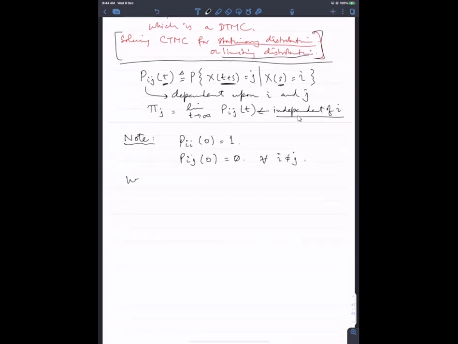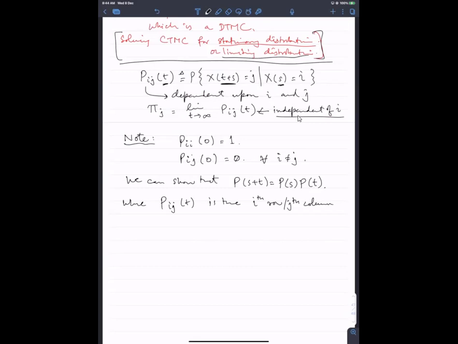We can show that P of s plus t is equal to P of s P of t, where capital Pijt is the ith row, jth column element of a matrix P of t, which basically contains Pijts.